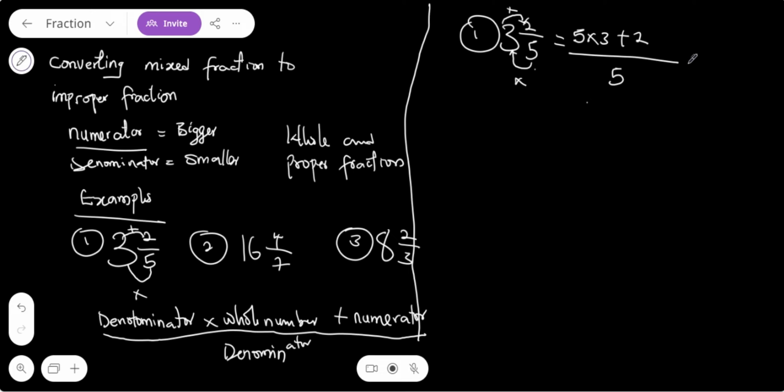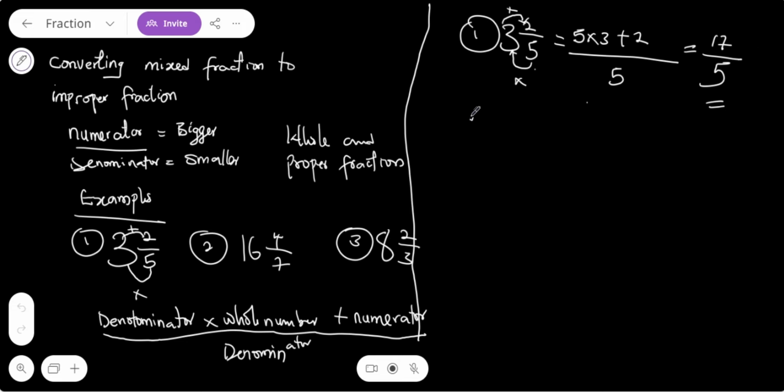So 5 times 3 is 15. 15 plus 2 is 17. So we have 17/5. If you look at this clearly, this is an improper fraction. Look at the numerator, it is bigger, while the denominator is smaller.